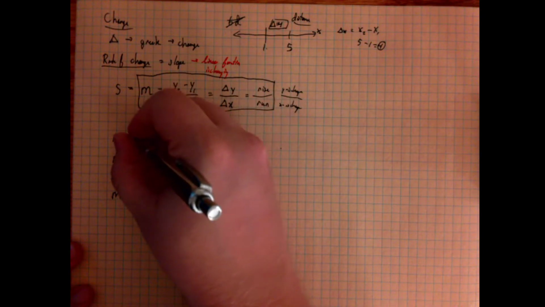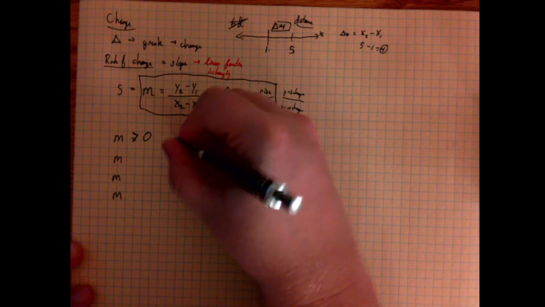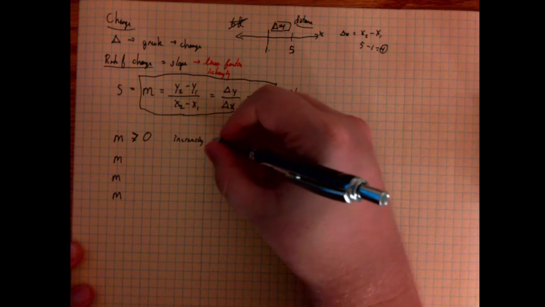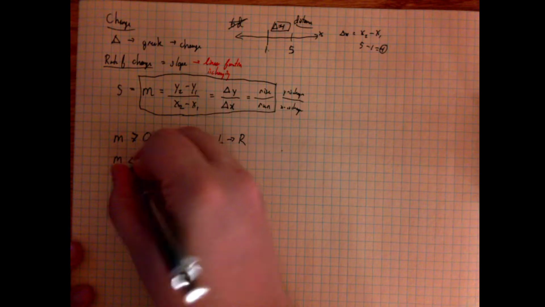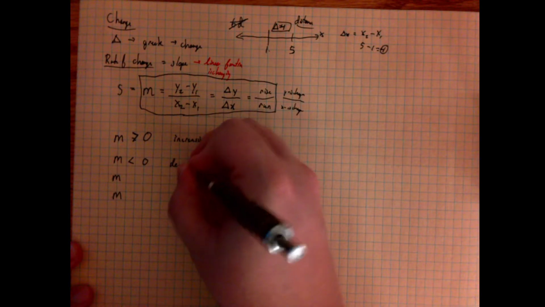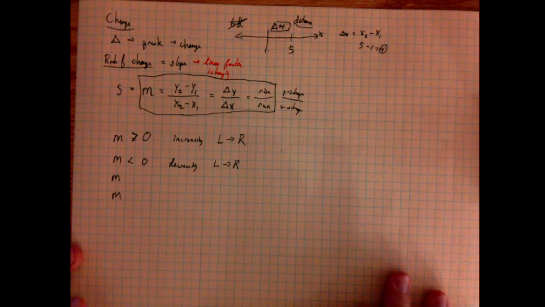We determine a slope is positive to be considered to be increasing from left to right. If a slope is negative, we consider it to be decreasing from left to right.